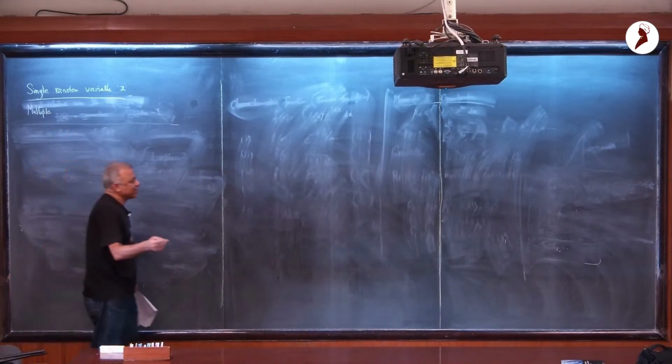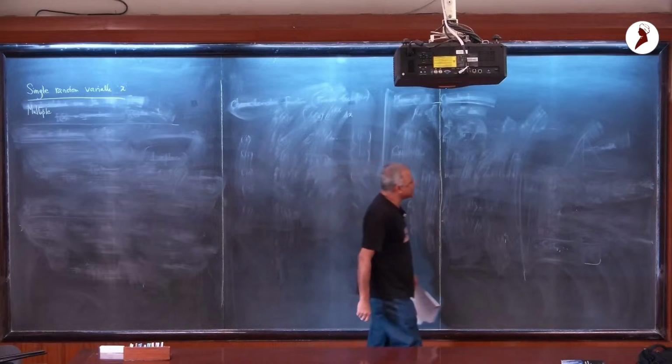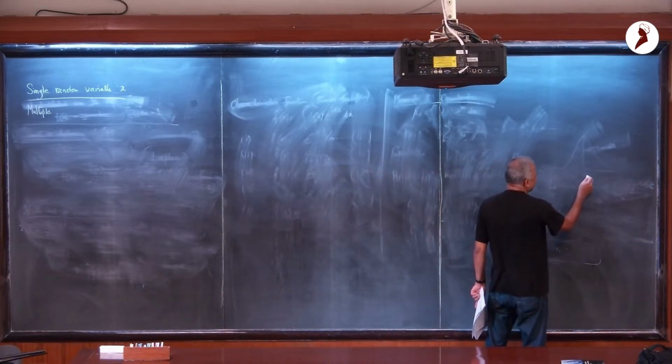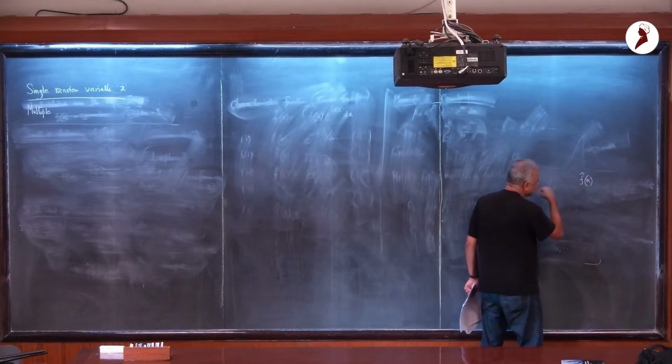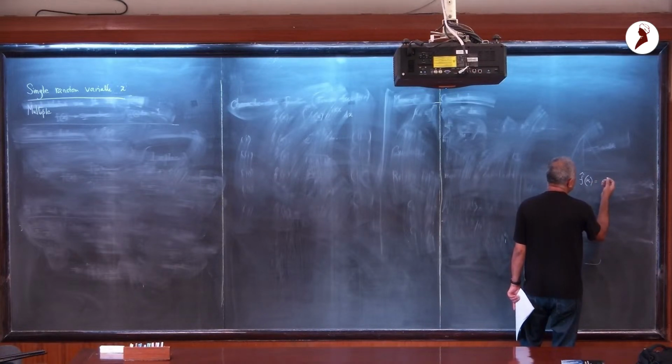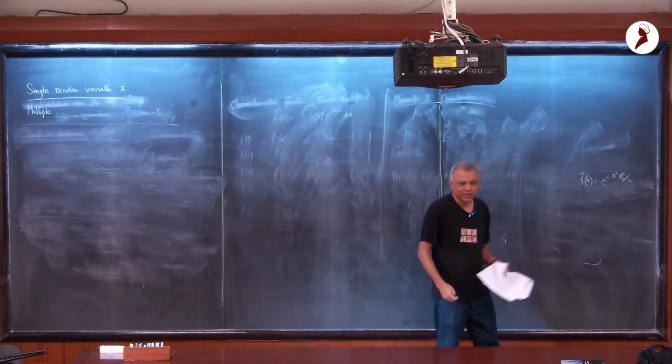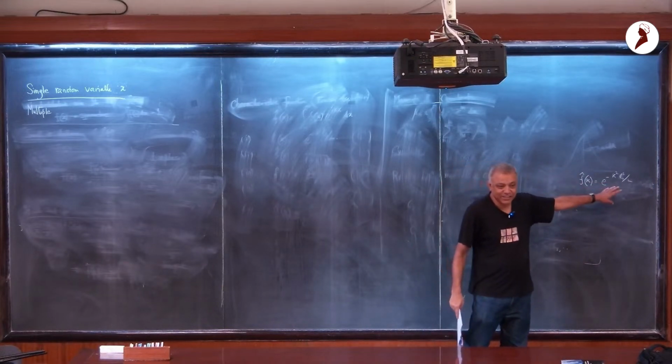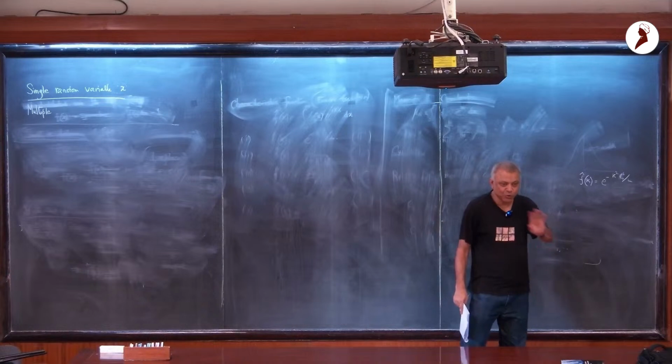As a simple exercise, I always teach in my class: suppose I give you the Fourier transform, a function like this. Of course, you can exactly integrate it and find this Gaussian. But suppose you don't know this.